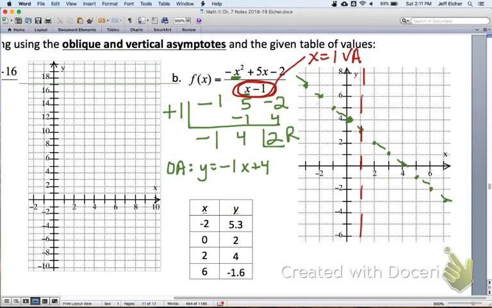That looks like it's right about here. We have 0, 2 is right there. 2, 4, and 6, -1.6. Maybe right there.